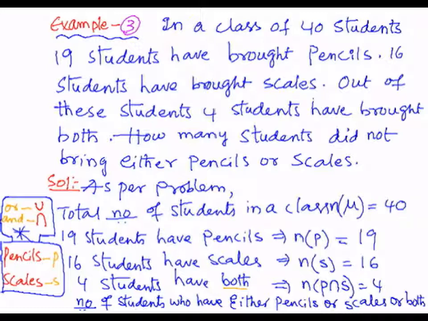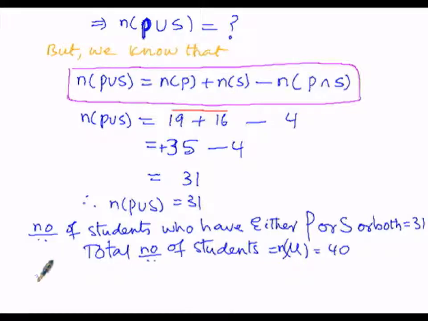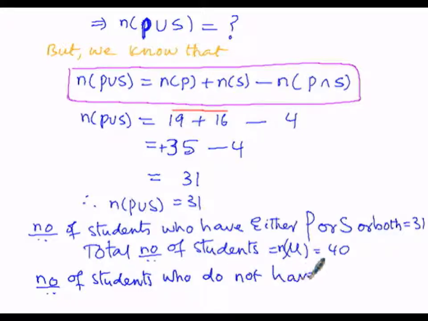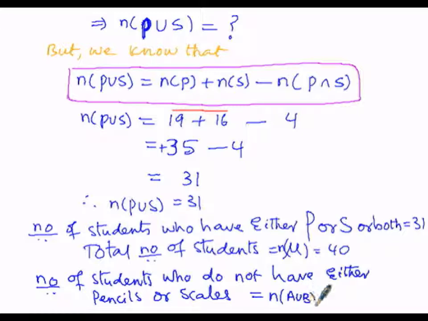But we have to find the number of students who did not bring either pencils or scales. The number of students who do not have either pencils or scales is given by n of A union B whole dash.